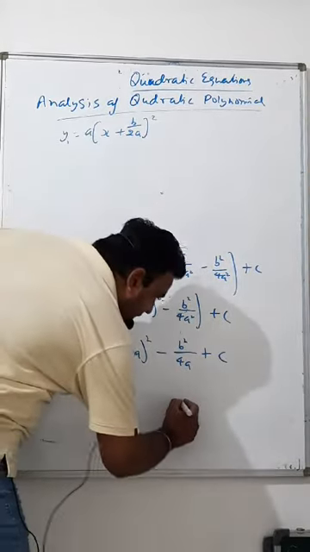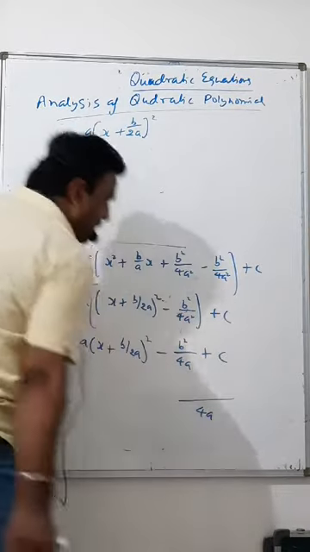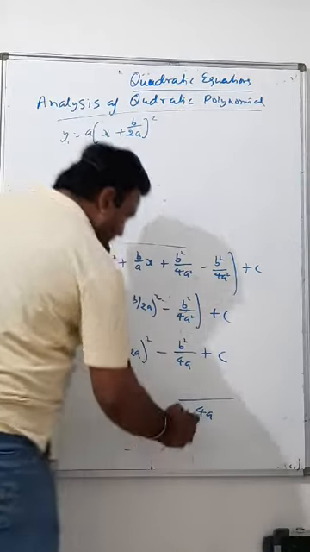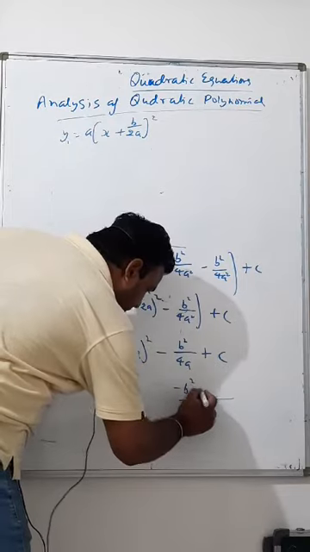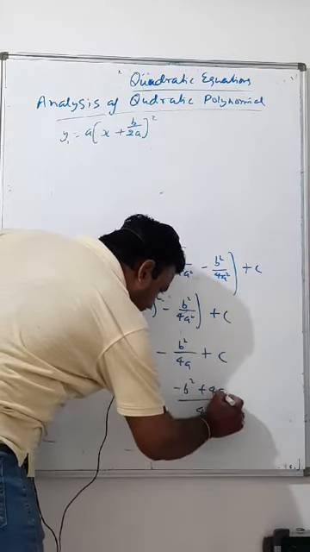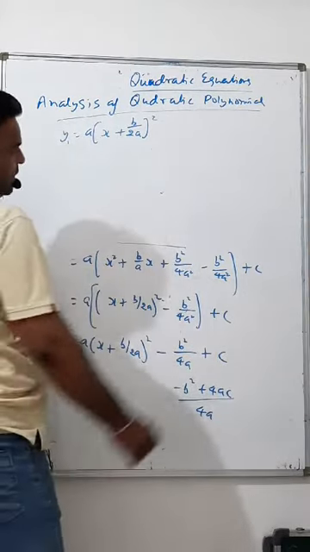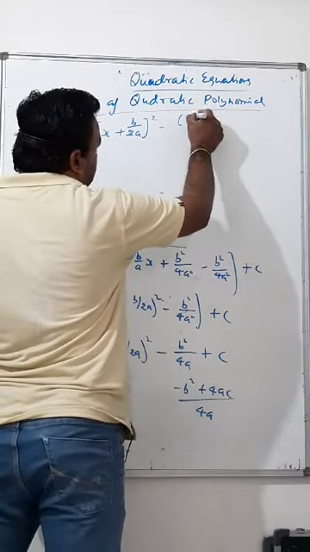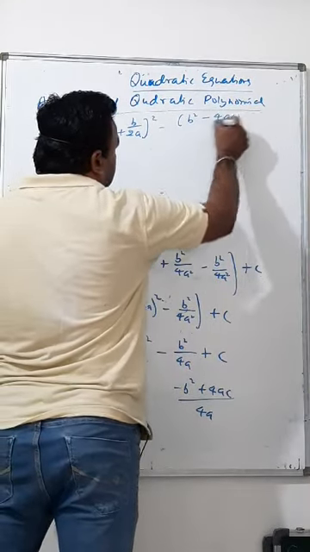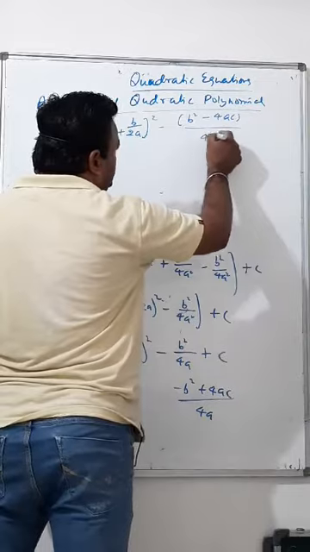I simply solve here, taking 4a as LCM, it is minus b square plus 4ac. If I take minus sign out, then it is b square minus 4ac upon 4a.